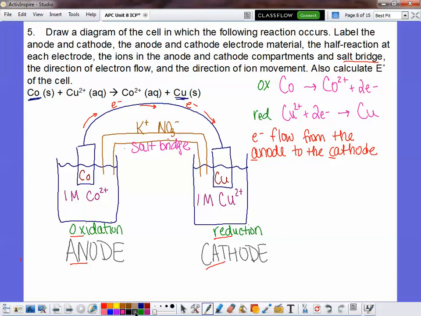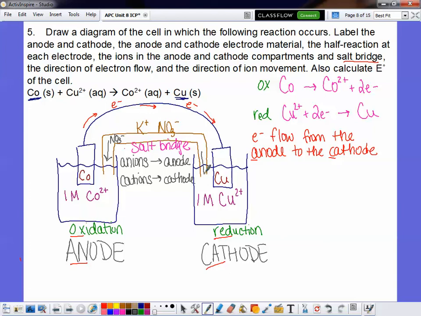In my salt bridge, the anions, so the nitrate, will go towards the anode, and the cations go towards the cathode. That should be easy to remember. So that means that going into the solution of my anode, I'm going to have NO3 minus ions coming from my salt bridge.